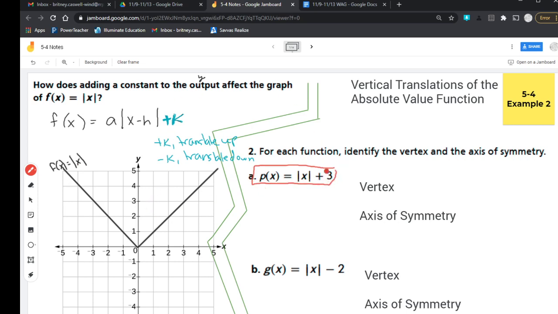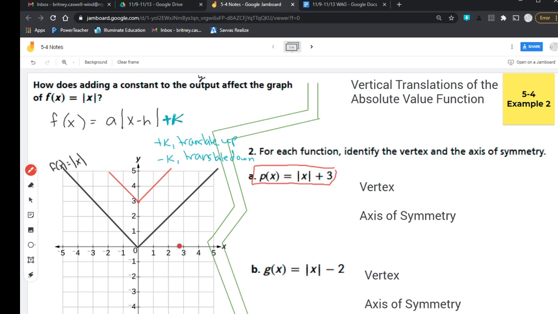So what this plus 3 does is it moves our graph up by 3. And every point on the graph is moved up by 3. So all that it did was it caused us to do a vertical translation up by 3.